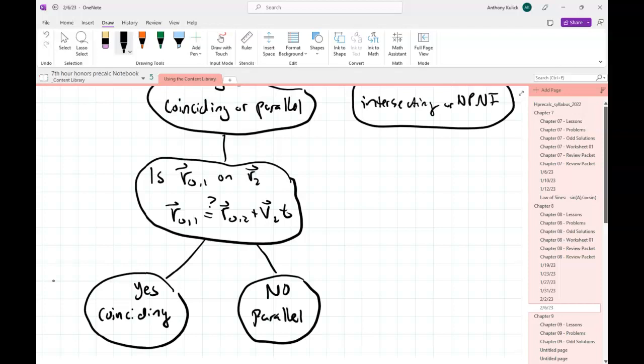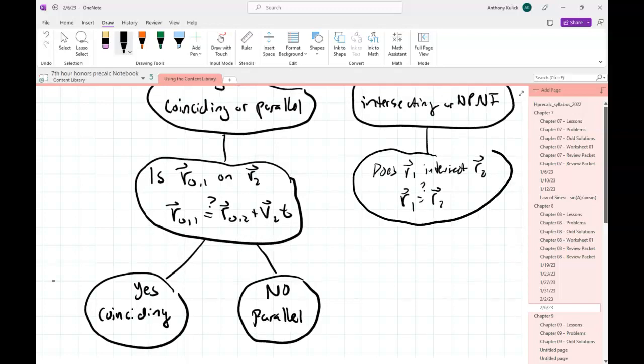Okay. So to check the difference between intersecting and NPNI, we want to check to see if these two have an intersection. To do that, we just set the two equal to each other. We form our system of equations, three equations in this case, because we have x, y, and z now.